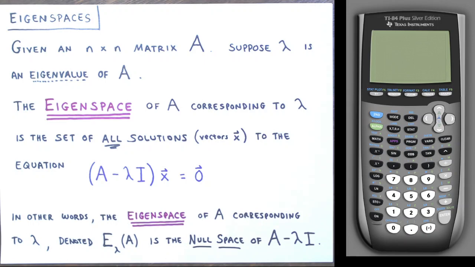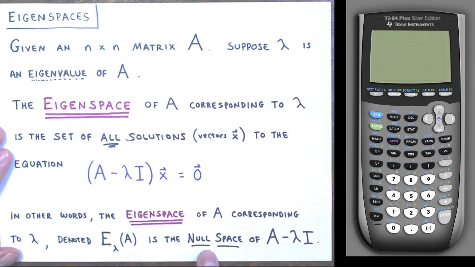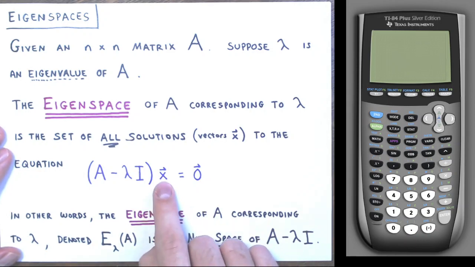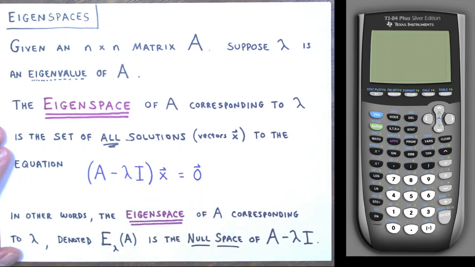The eigenspace of A corresponding to a given eigenvalue lambda will be denoted by E with a subscript of lambda, and then in parentheses afterwards the matrix A. This will be just the null space of the matrix A minus lambda I. Remember, the null space of a matrix was all the vectors you could multiply by that matrix and get the zero vector. That's exactly what we're doing.